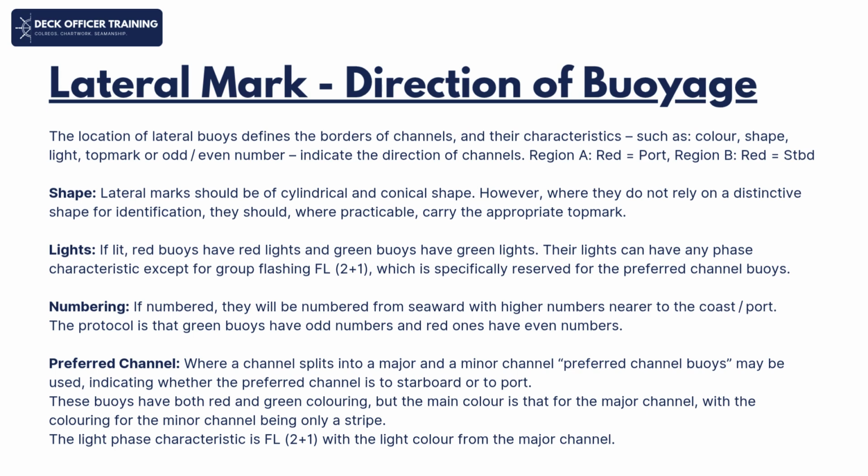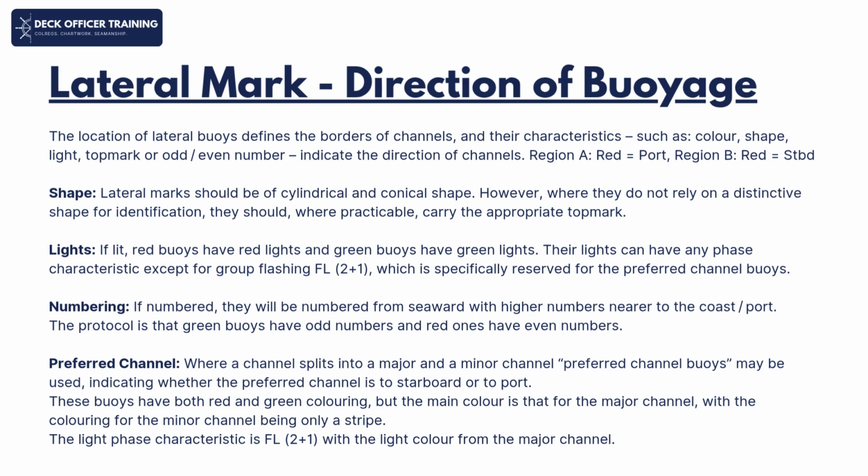Numbering. If numbered, they will be numbered from seaward, with higher numbers nearer to the coast/port. The protocol is that green buoys have odd numbers and red ones have even numbers. Preferred channel. Where a channel splits into a major and a minor channel, preferred channel buoys may be used, indicating whether the preferred channel is to starboard or to port.